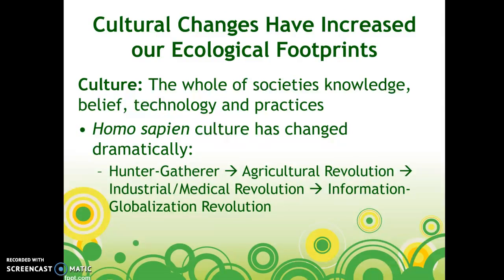We were basically getting what we could obtain. Then we had the agricultural revolution. We were able to actually plant things, grow things, sell things, trade things with each other. So we started to make kind of a dent in our ecological footprint.